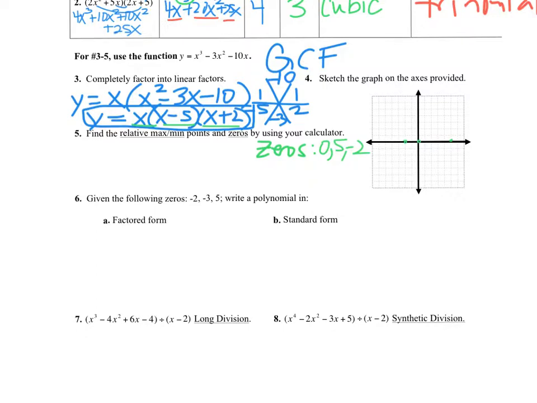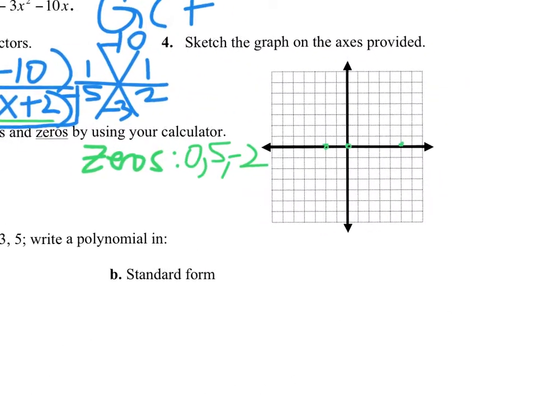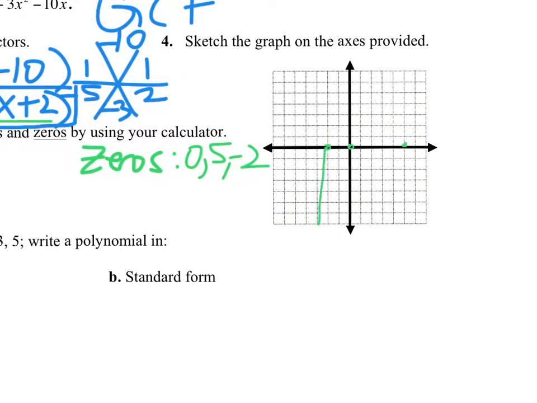So we're going to graph x to the 3rd minus 3x squared minus 10x, our original polynomial that they gave us, and then hit zoom 6, which gives you a standard window, and there it is. You're just going to draw a sketch of this. I'm going to go up to about halfway on this graph, down past here, because it goes pretty far down, and that would be my polynomial.